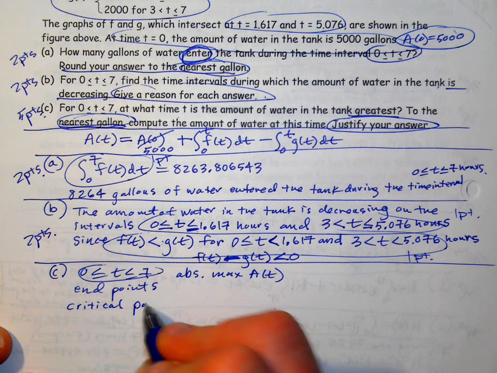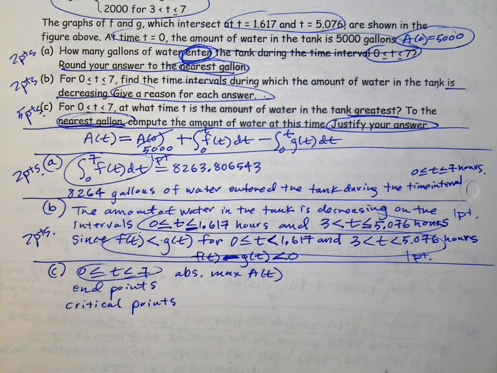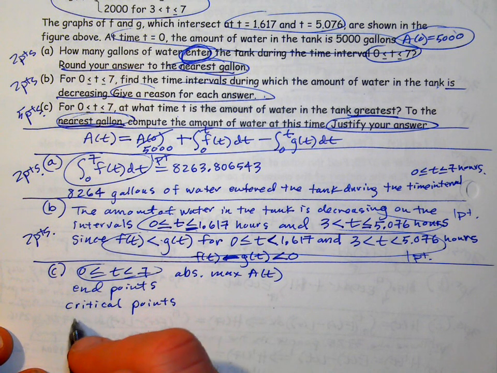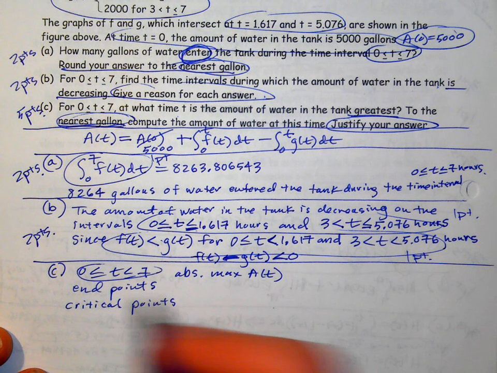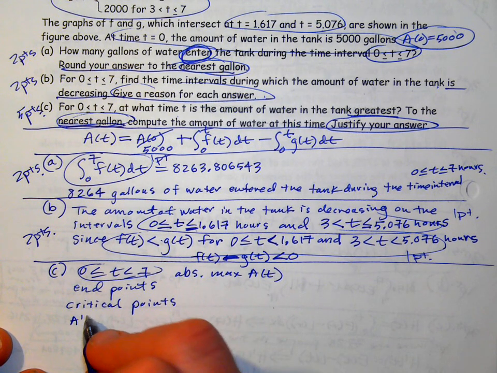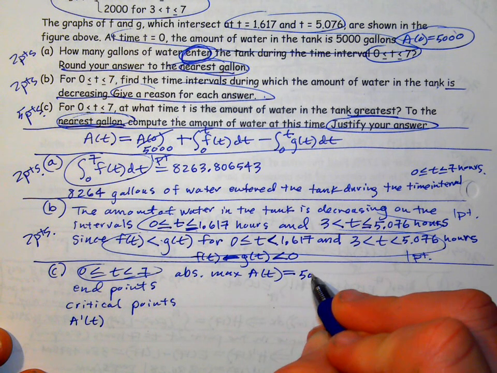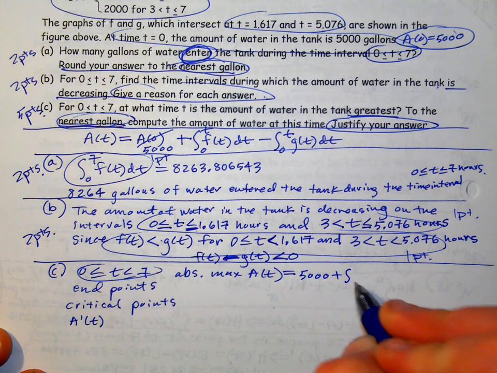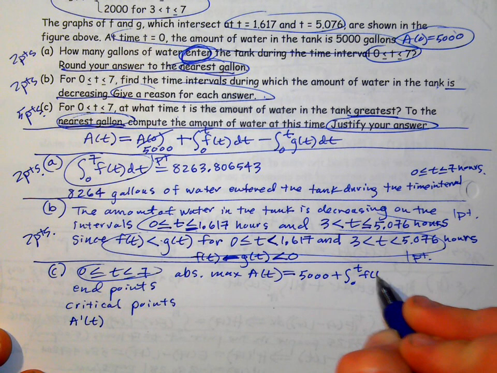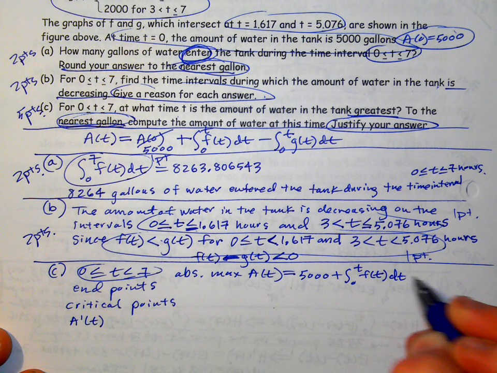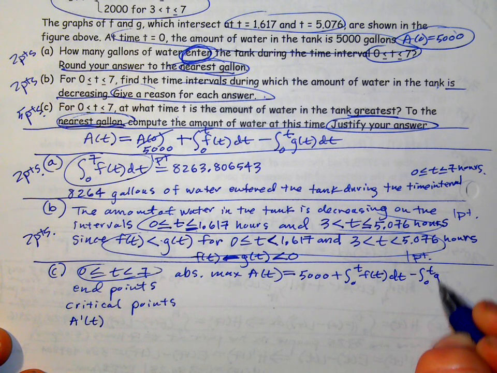I wouldn't abbreviate it, I wouldn't do CP. This is free response, unless it's multiple choice, then be lazy. But how do you find critical points? This is the calculus. You take the derivative of the amount. I mean, we could rewrite our rate model here so they know what we're talking about when we write A prime of t.